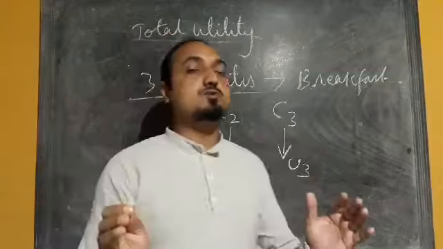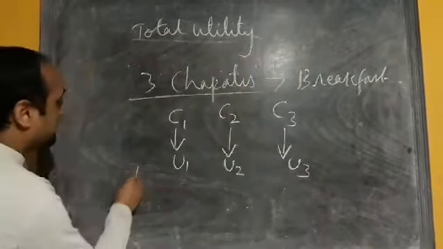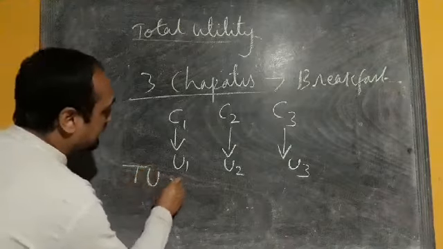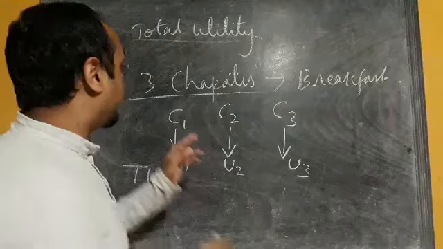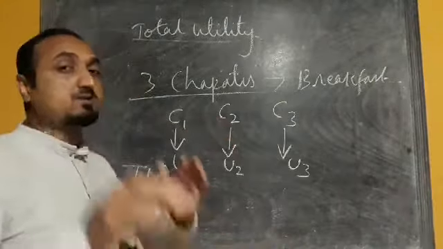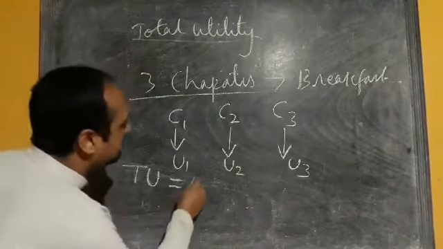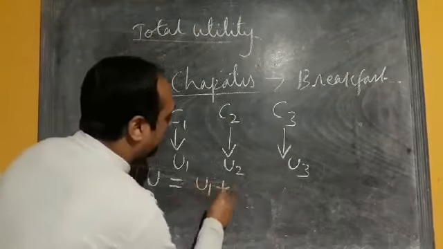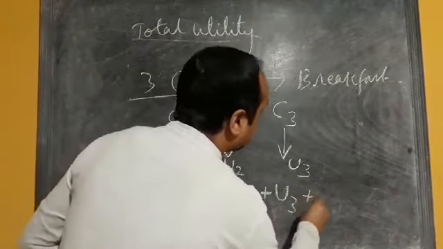Now you are asked to find out the total utility. What will you do? Total utility is represented by TU, which equals the utility derived from the first chapati plus the utility derived from the second chapati plus the utility derived from the third chapati. So we can write total utility equals U1 plus U2 plus U3 and so on.